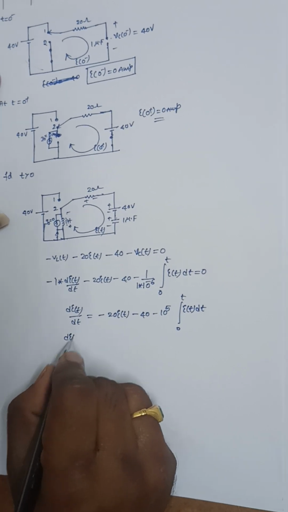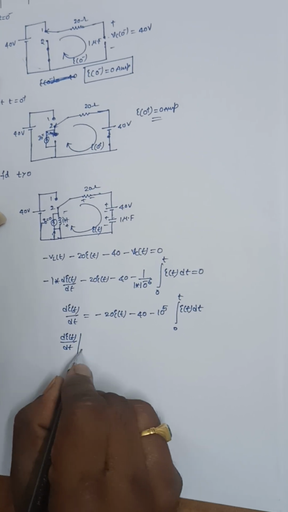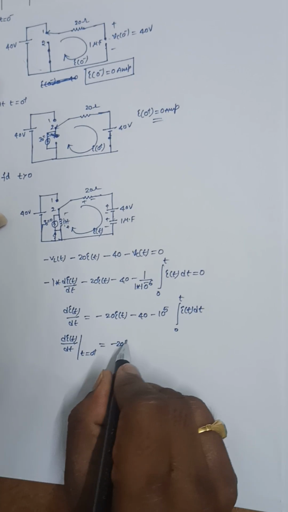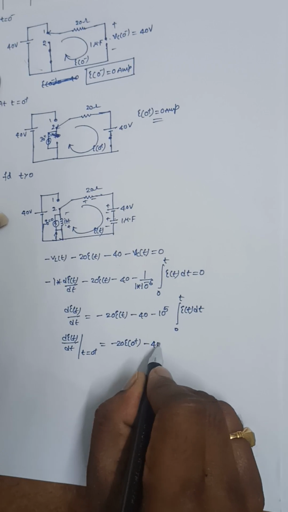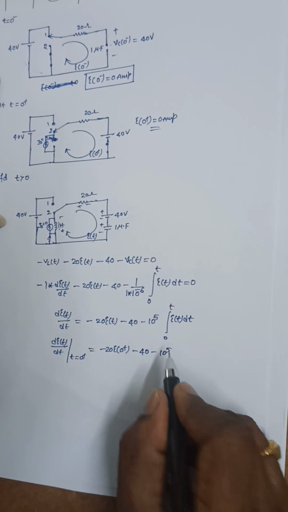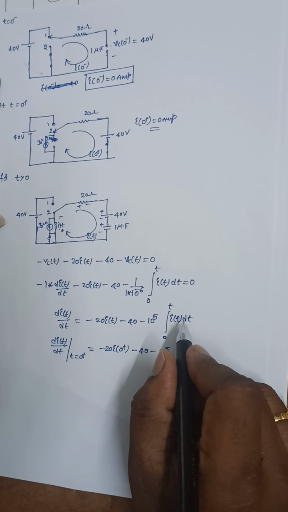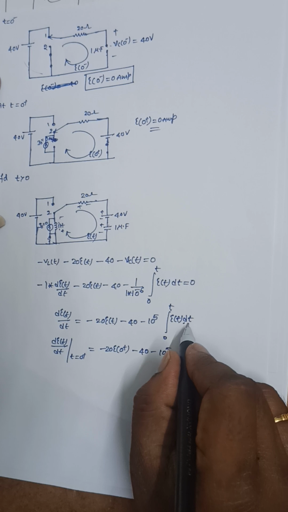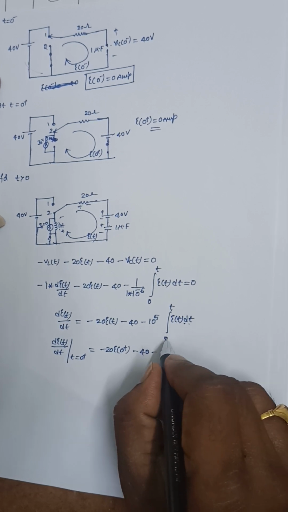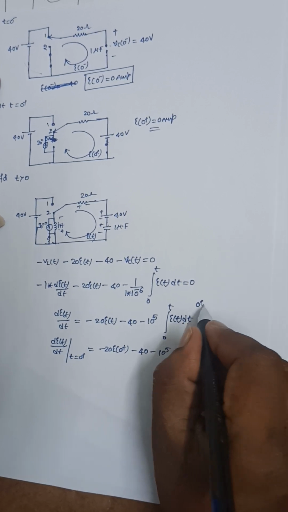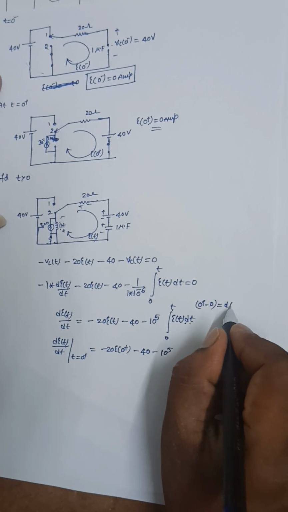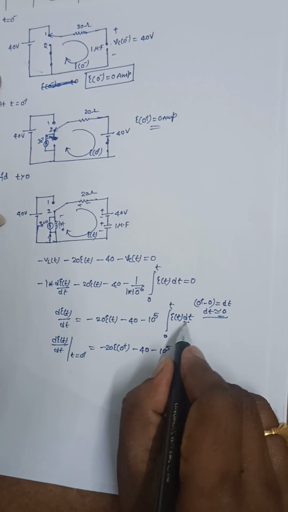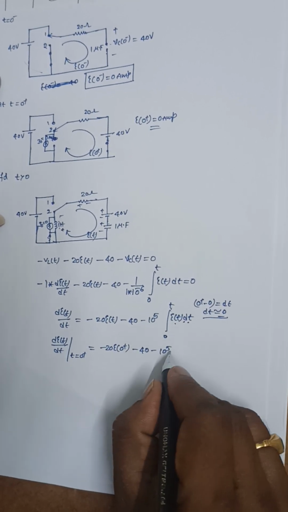So di of t by dt at t is equal to 0 plus is equal to minus 20 into i of 0 plus, minus 40, minus 10 power 5 into the integral. From 0 to 0 plus the time is very small, so dt is 0, and the integral is approximately 0. 0 into something is 0, so this total term will become 0.